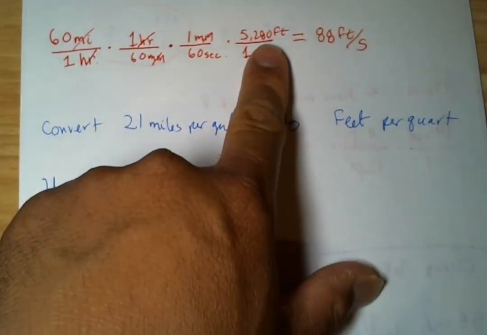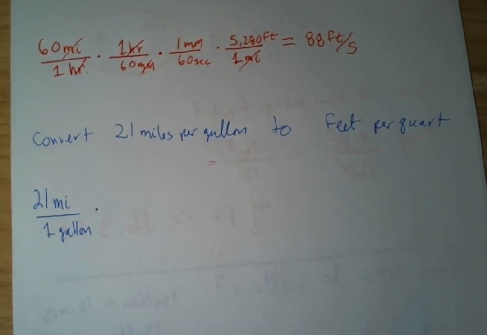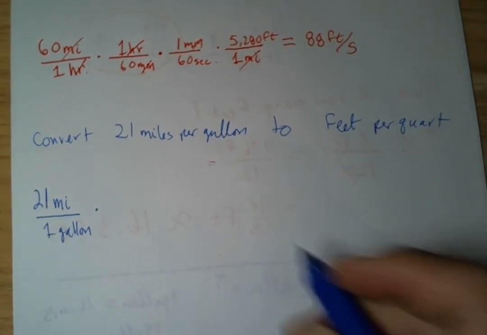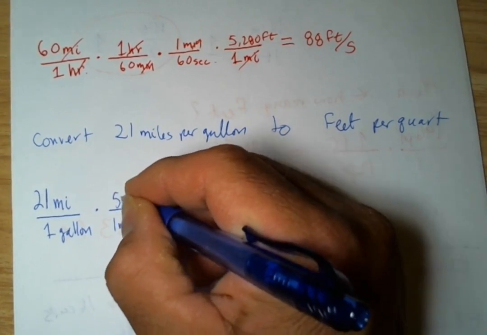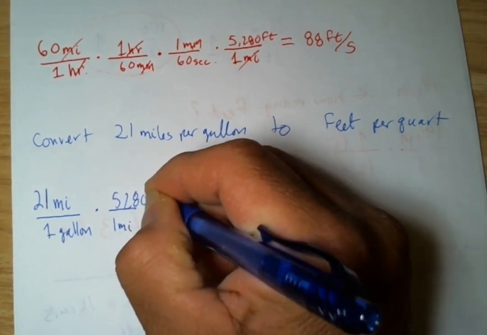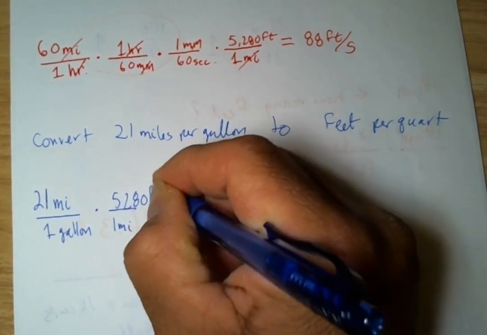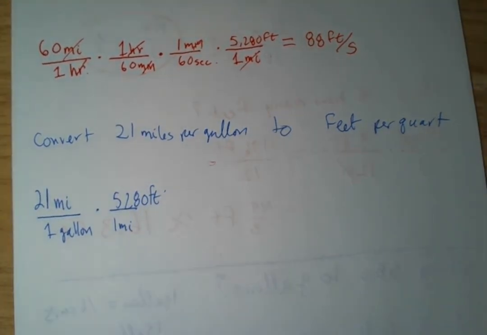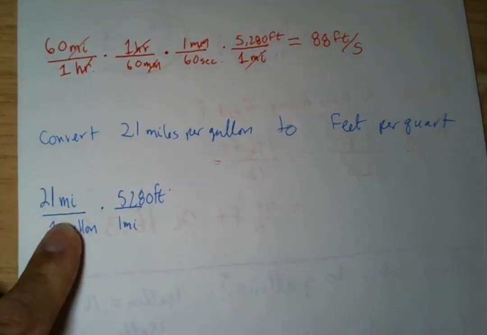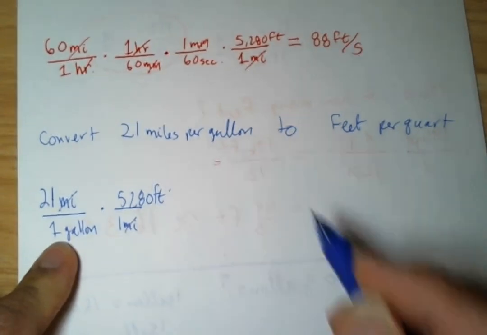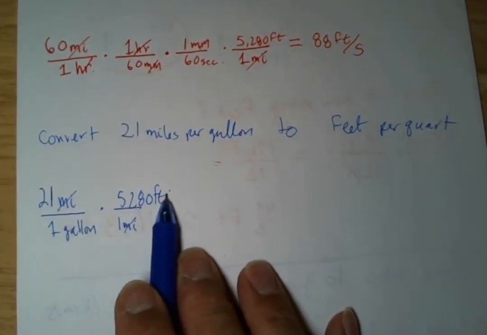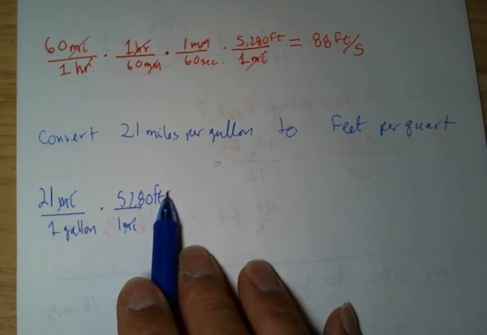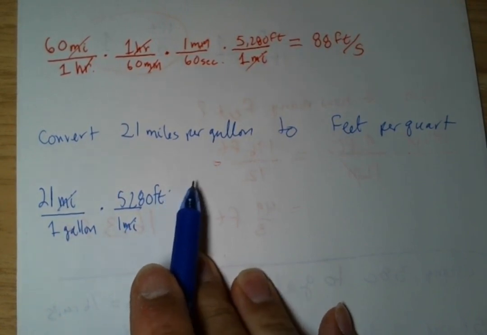Okay, so just kind of building off my previous example, let me change the miles to feet. So 5,280 feet per 1 mile. All right, so here the miles reduce. So I have the correct units in the numerator, that being feet.